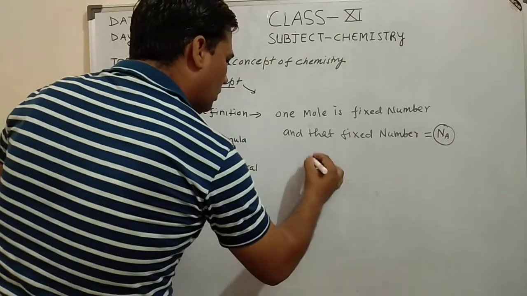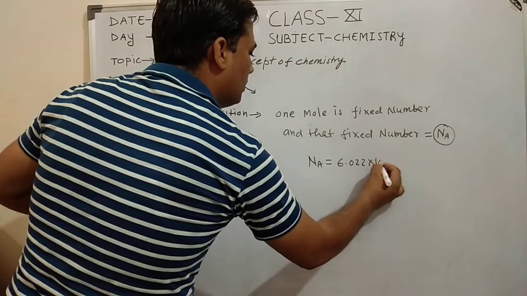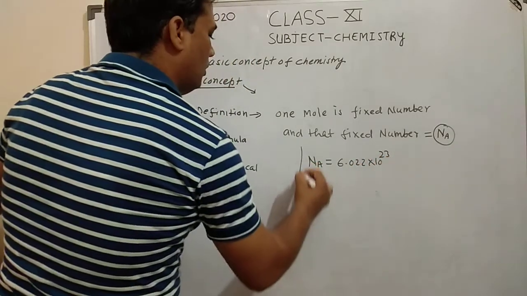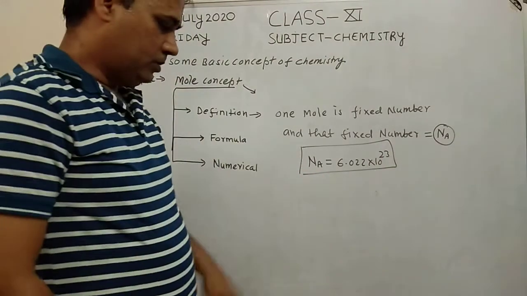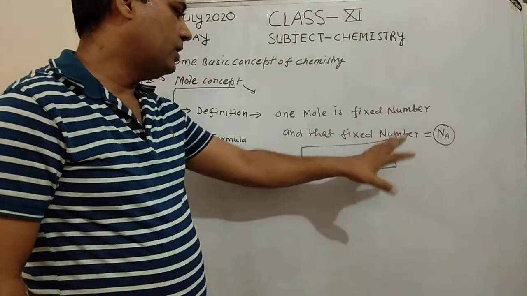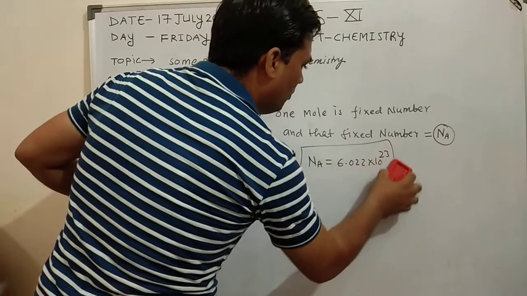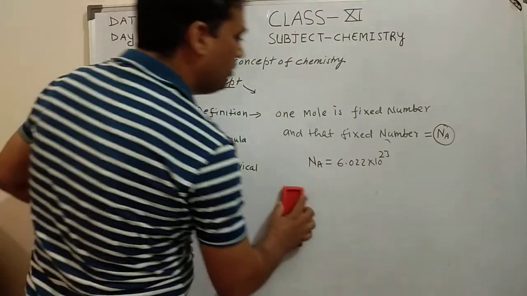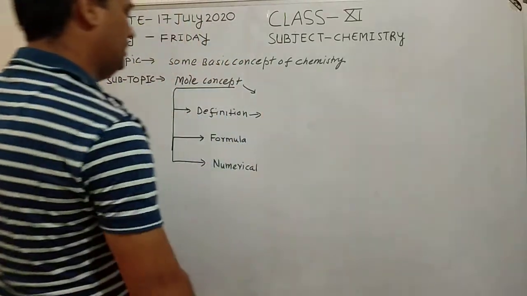So Na is equal to 6.022 into 10 to the power 23. So 1 Avogadro is equal to 6.022 into 10 to the power 23. So mole is a fixed number. It is used to count particles. Particles may be atoms, molecules, ions.